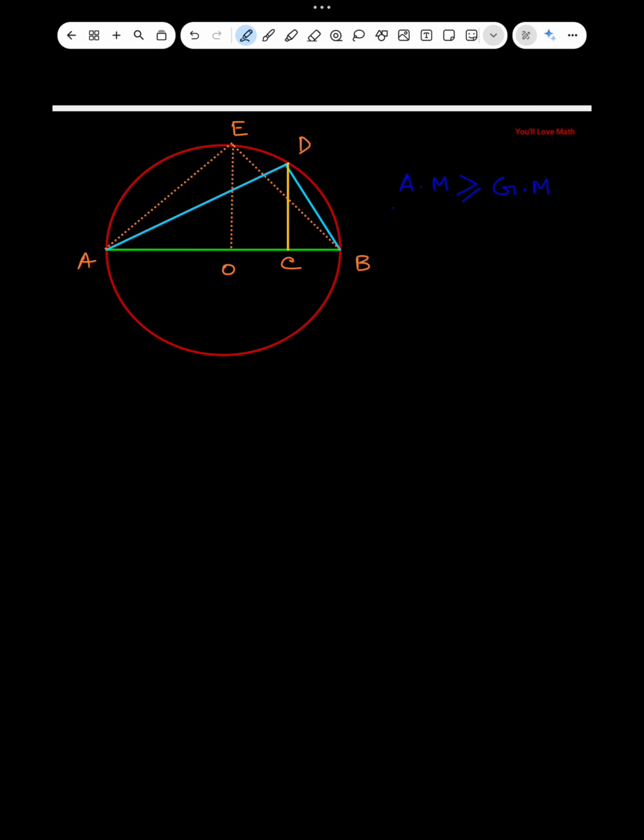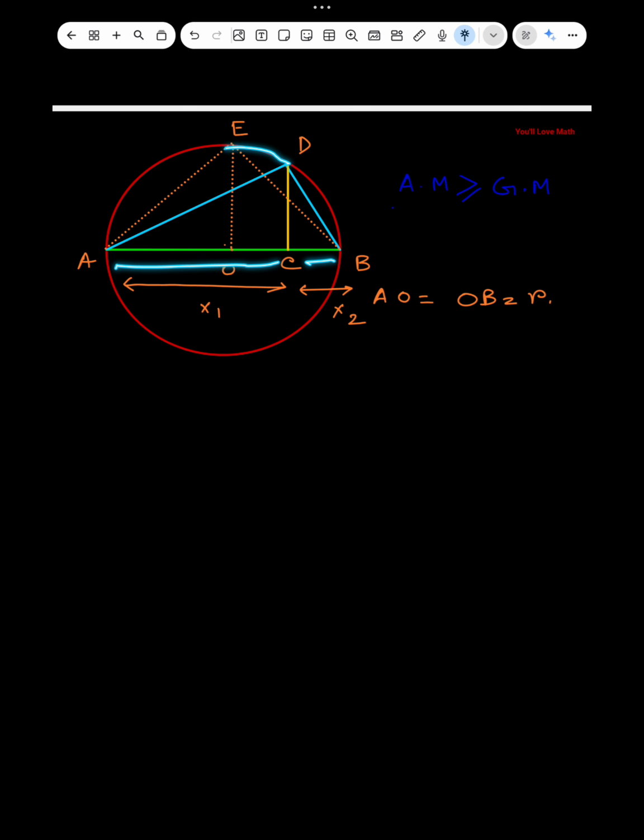Now if O is the center of the circle, then AO equals OB equals the radius. Let AC be x1 and BC be x2.